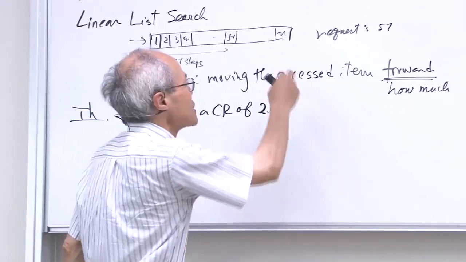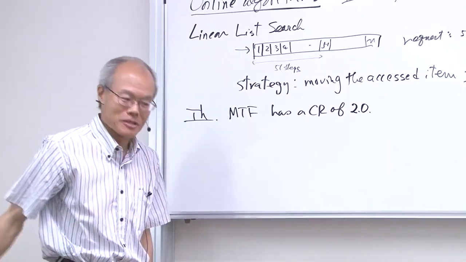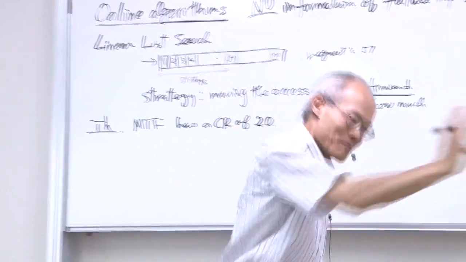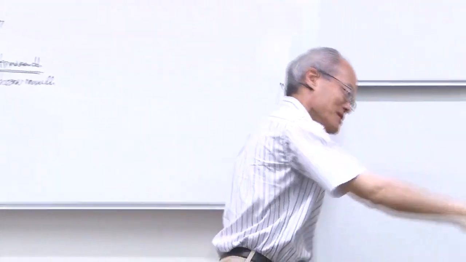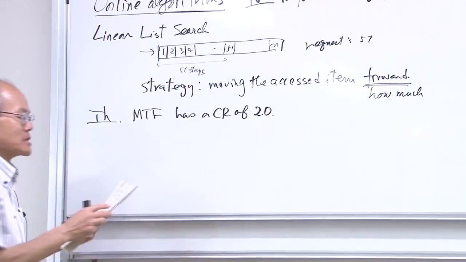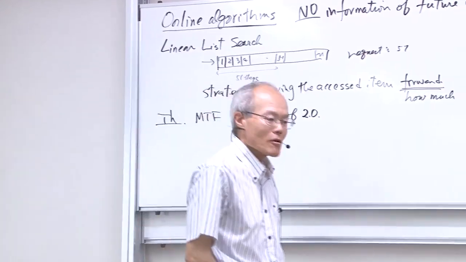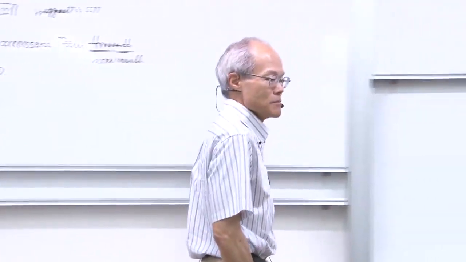You just move the accessed item to the top, as much as possible. To move it to the top is of course the maximum amount. And this has a competitive ratio of 2.0. So really amazing, because it is not very intuitive.